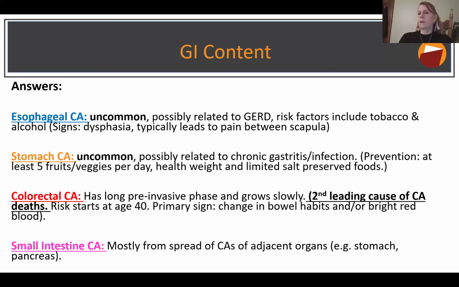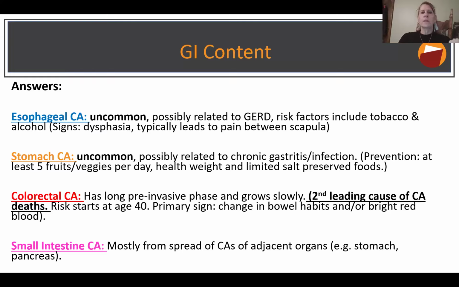So tobacco and alcohol are big risk factors as well. If I'm drinking, I'm smoking, I have GERD and acid keeps coming up into my esophagus, that is causing irritation. A lot of cancers are due to chronic irritation, so that makes sense as a cause of esophageal cancer.